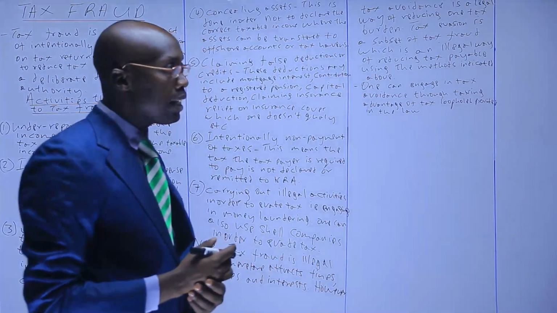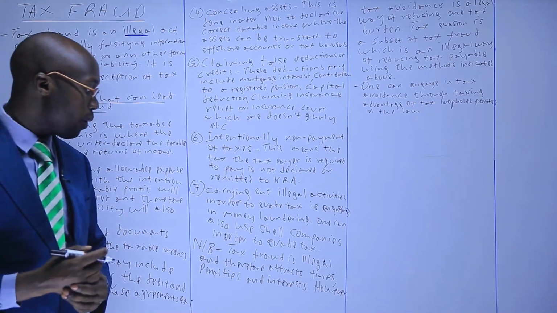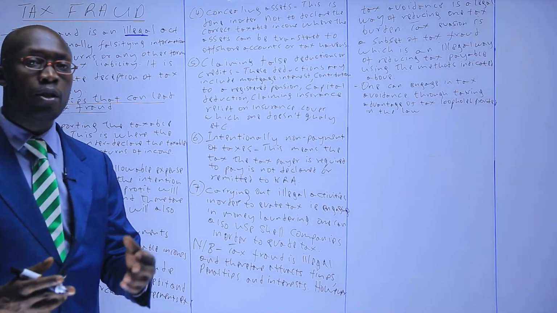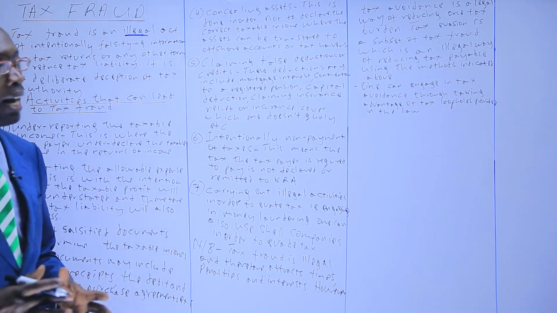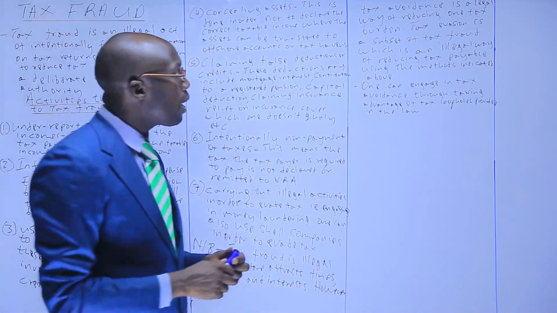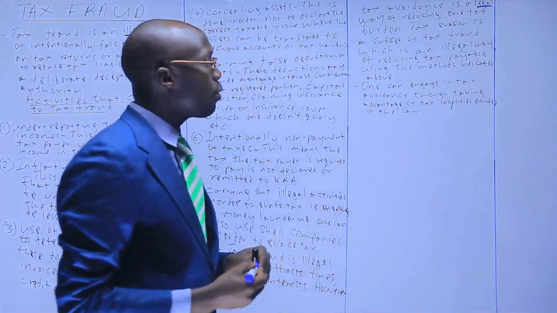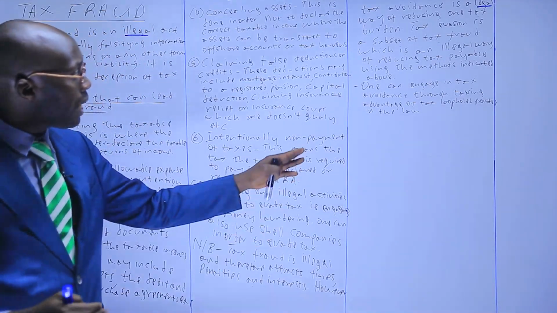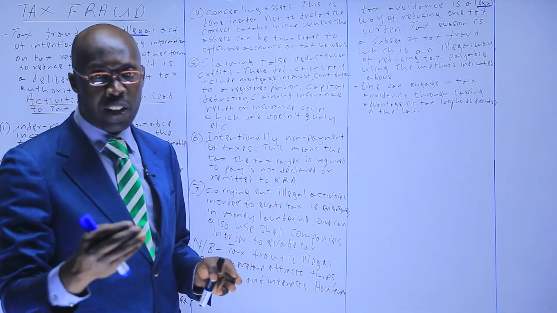So that is what we are saying, that it's very important for you to know that tax fraud, as we indicated, is an illegal way of reducing the tax you are supposed to pay. So when it is discovered, you'd expect that you are going to be fined, penalized, and charged interest. However, if one engages in tax avoidance, which is a legal way of reducing the tax you are supposed to pay, you cannot be fined because you use the loopholes provided by the law.